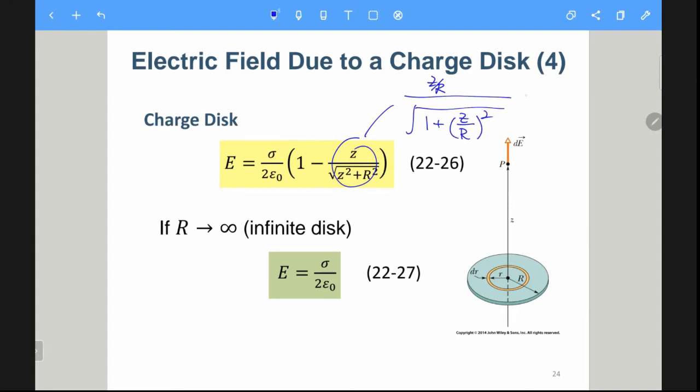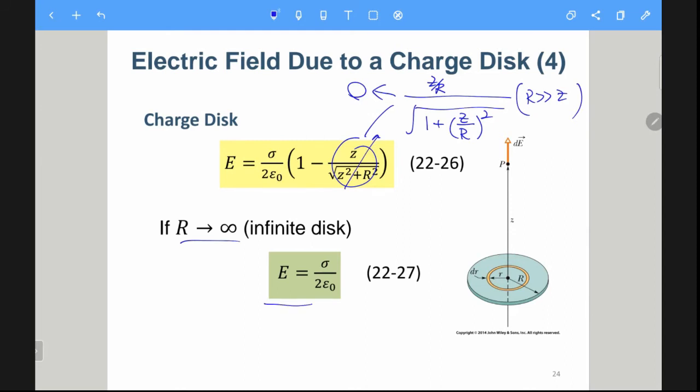Now R is much larger than Z, because R is infinite, Z is finite. So this one is 0. This one is also 0. So 1 plus 0 here. So this is 1 for the denominator and 0 for the numerator. So this term tends to 0 as R is much larger than Z. Okay, so this term vanishes if we assume that R is infinitely large.